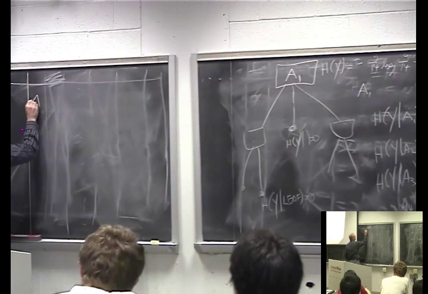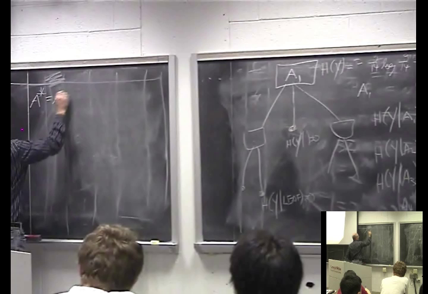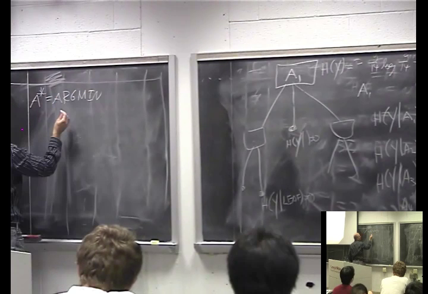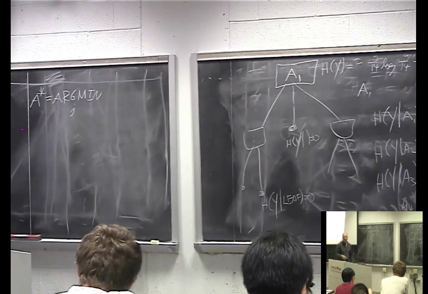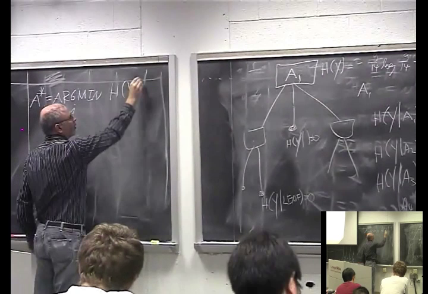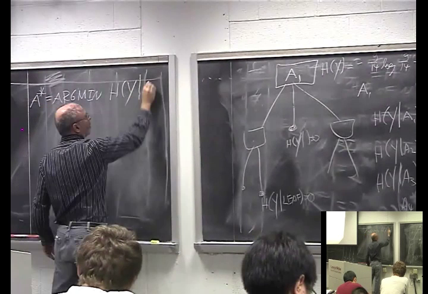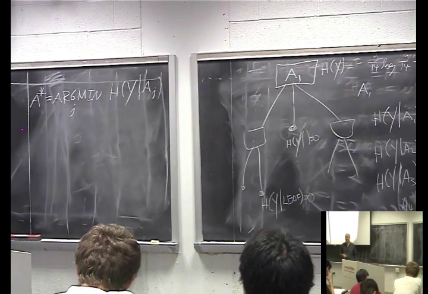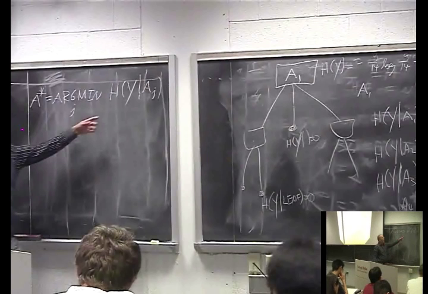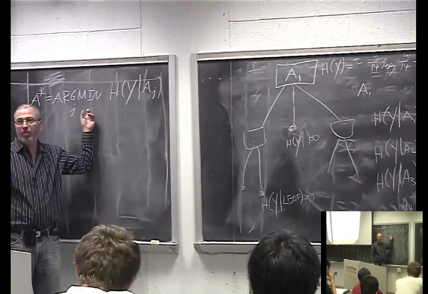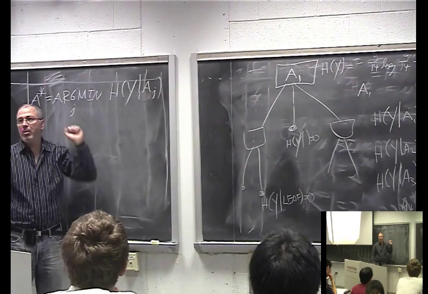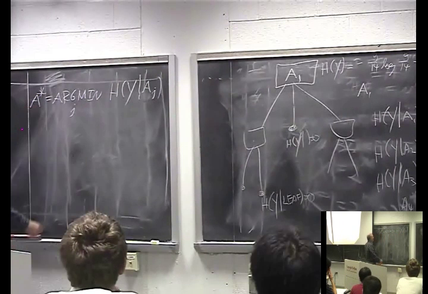The winning attribute, A star, is the arg min over all possible attributes J of the entropy of your answer given AJ. Right? We calculate this for all, so this is a search or minimization problem. Search over all of these J's and choose the minimum one. Let me write it a slightly different way.